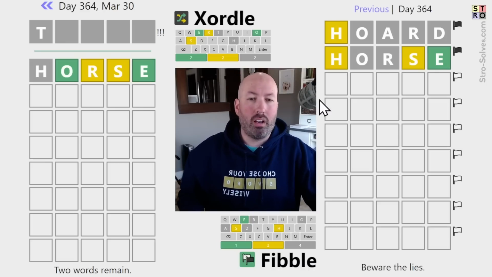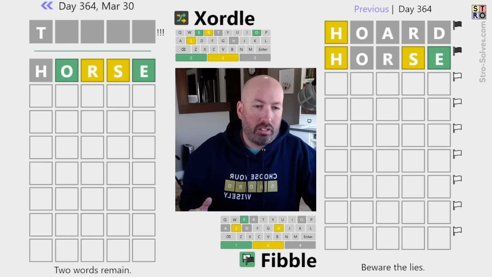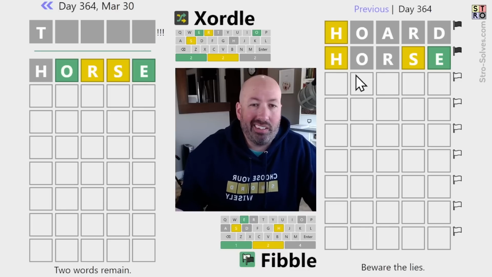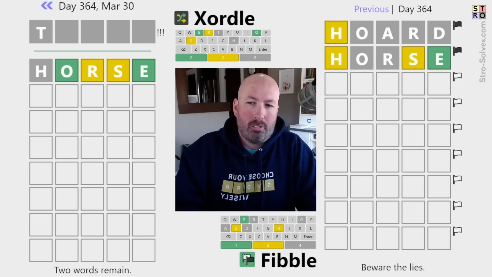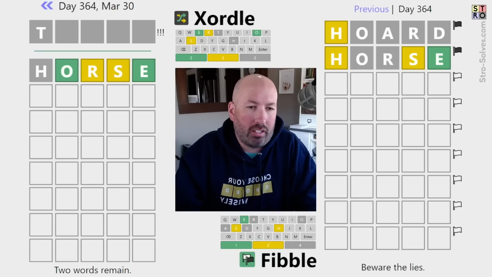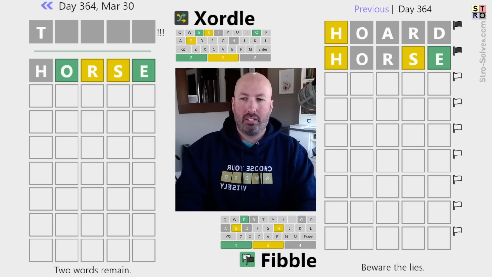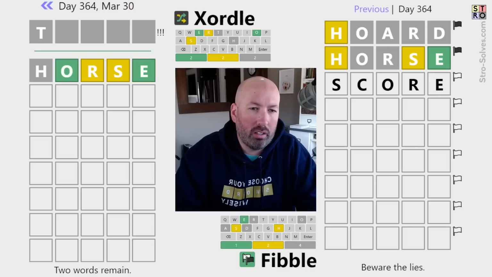All right, well, I want to reuse the R and the S on the left. So let's do something with the R and the S on the right, because I like to reuse letters for Fibble as well. Let's definitely reuse the R and the S, but in new spots, of course, which is a little bit harder to get the contradictions. I could do something like score.